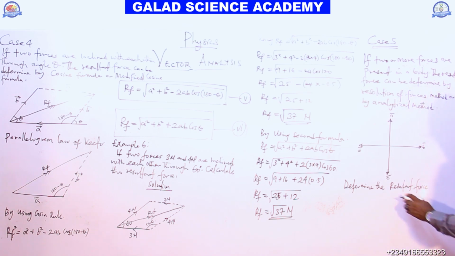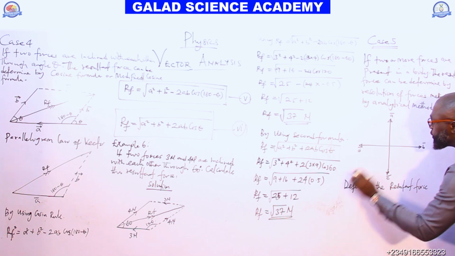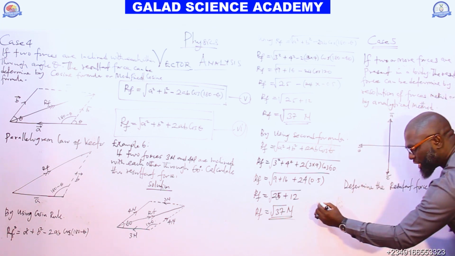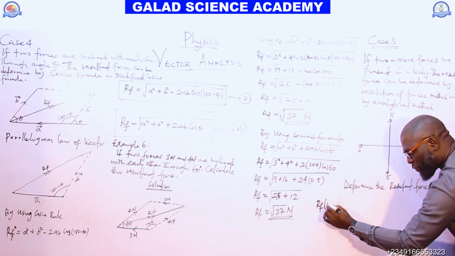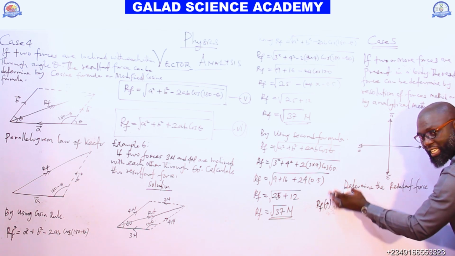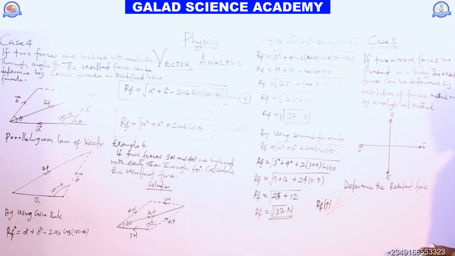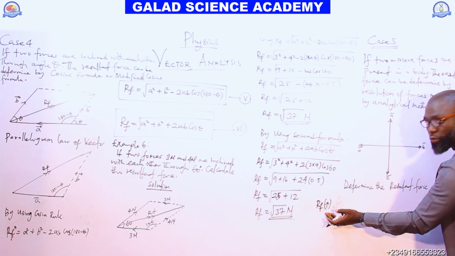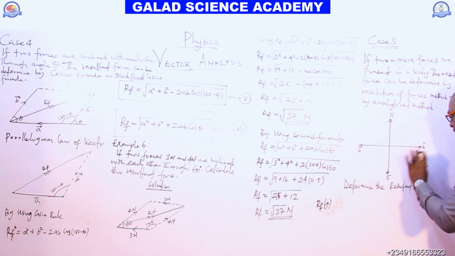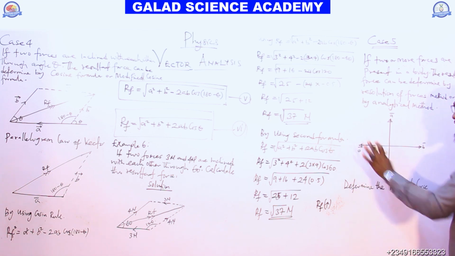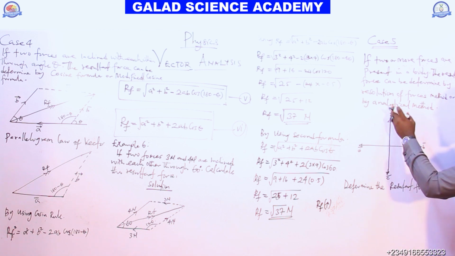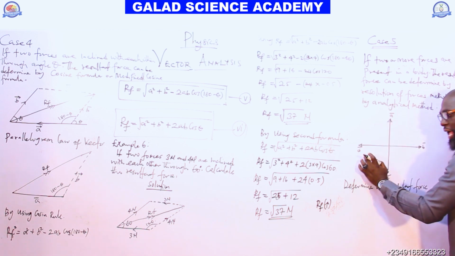First of all, you solve for the vertical axis. This is the resultant force for the vertical, or the y component. This is the y axis and this is the x axis. The vertical component is the y axis and the horizontal component is the x axis.